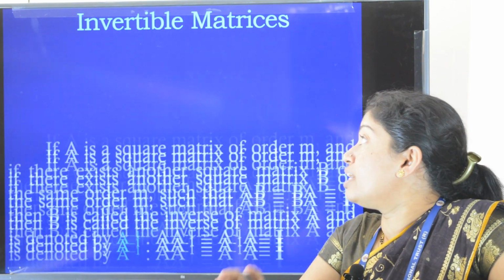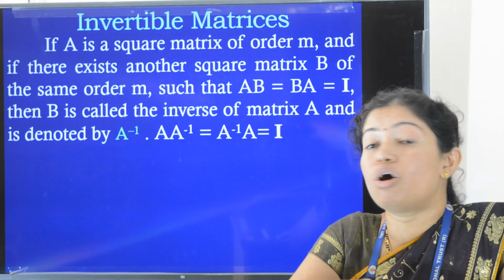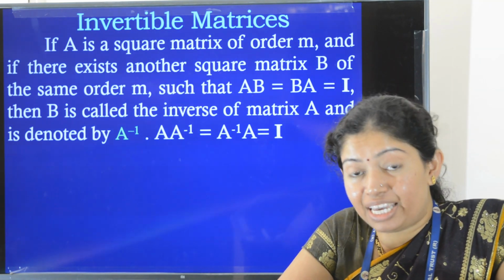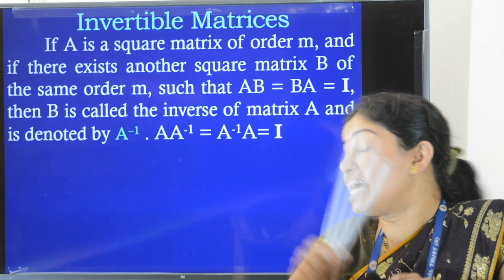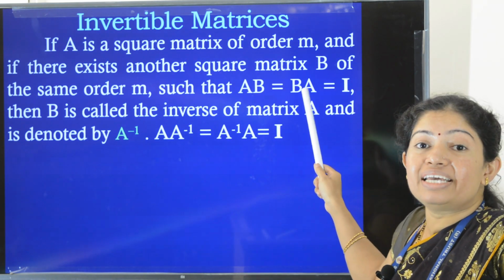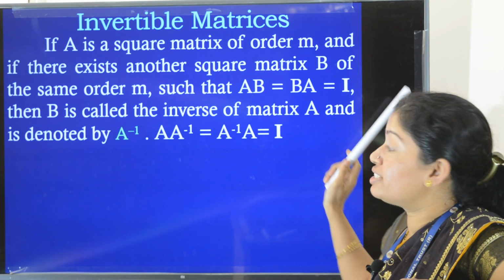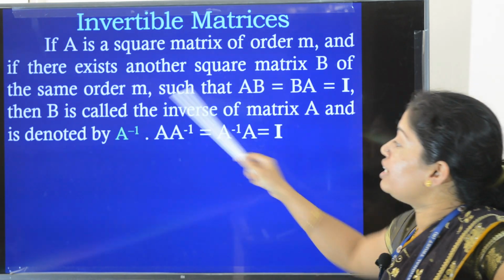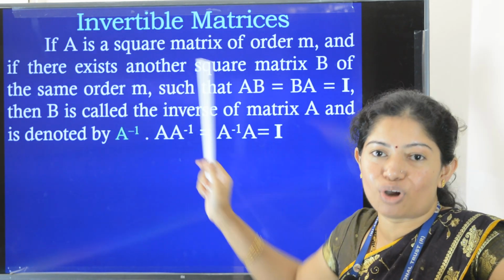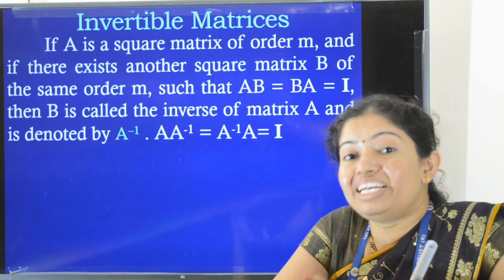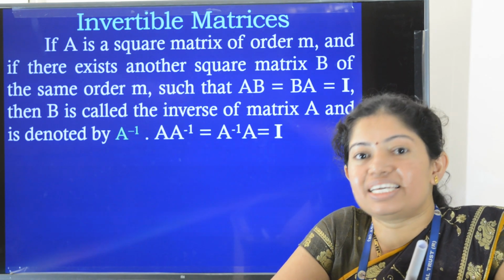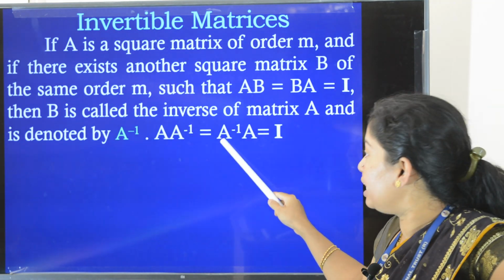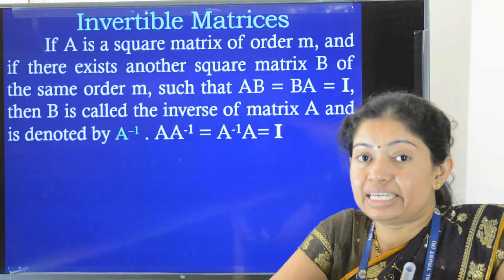If you have a square matrix A of order m, and there exists another square matrix B of the same order such that AB is equal to BA is equal to the identity matrix, then that B is called the inverse of A, denoted A to the power minus 1. So I can write A into A inverse is equal to A inverse into A is equal to identity.